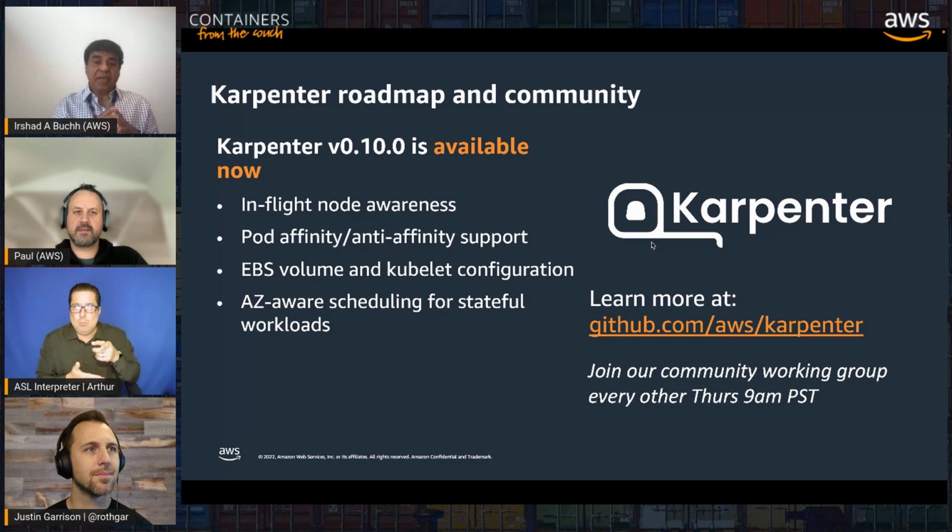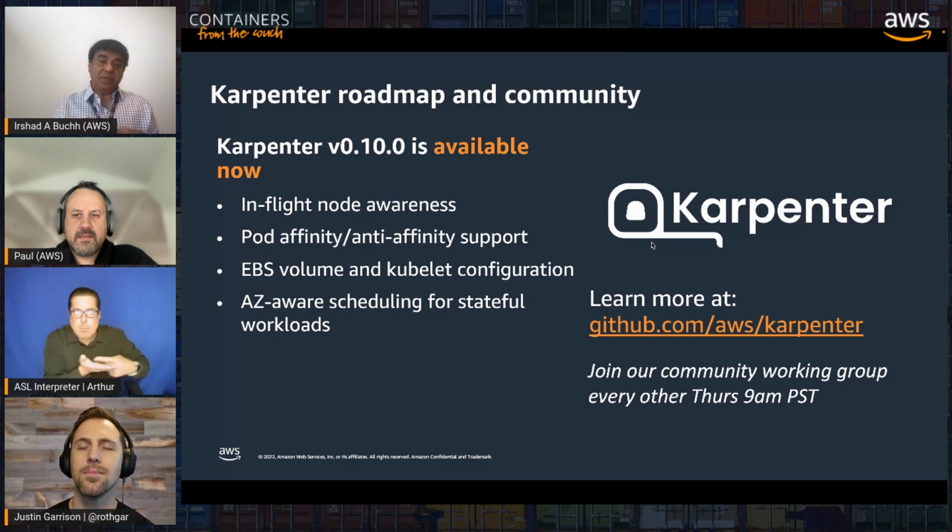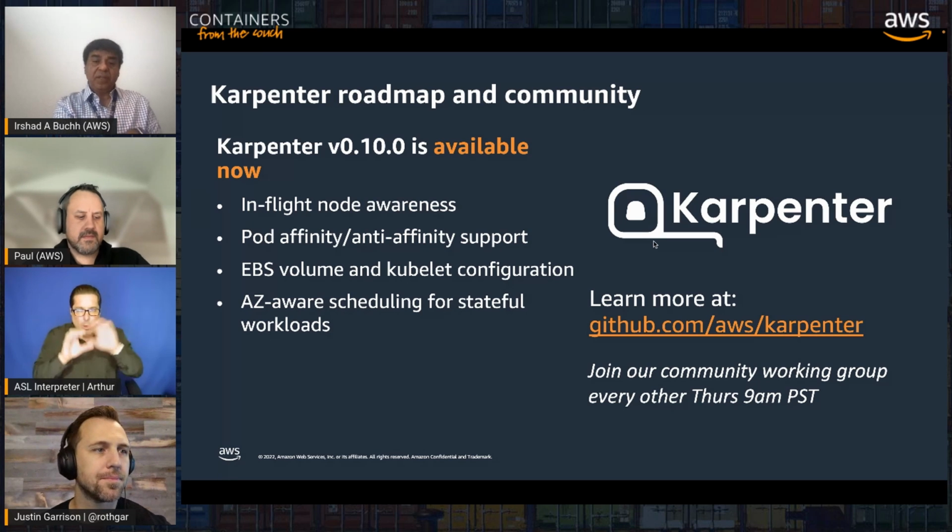We have every second Thursday at 9 PST a Zoom conference where we talk to the builders, developers who are using Karpenter right now in production, and then help them if they face any issues, or if there's any roadmap item that they want to ask for, and then we get in touch with the builders directly in the Zoom meeting. So a lot of the details you'll find on the GitHub, including the roadmap.